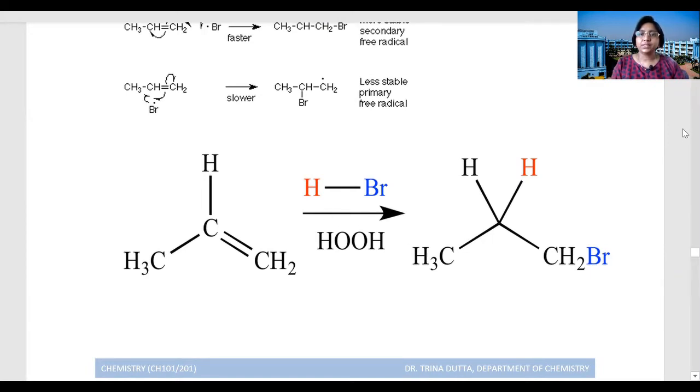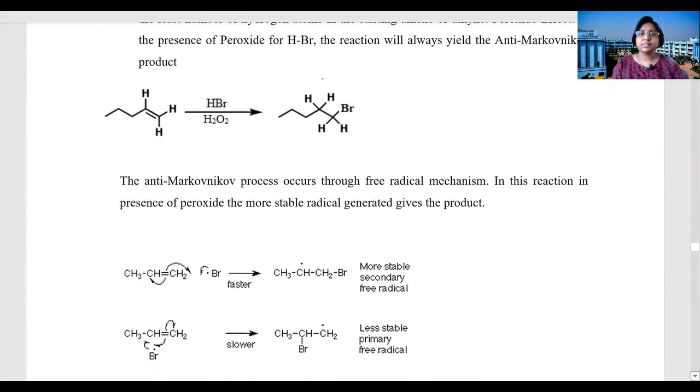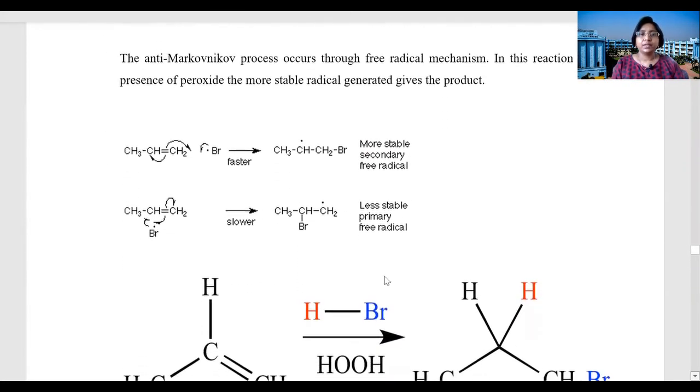So you can understand how this is happening because of the stability factor. Here with the bromine free radical, we get the more stable secondary free radical, and here we get the less stable primary free radical.